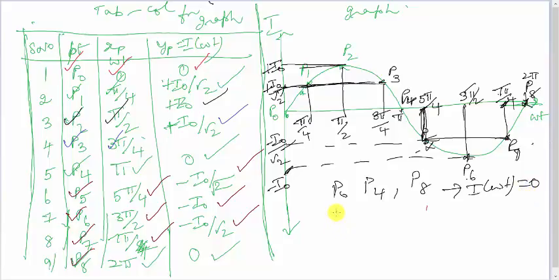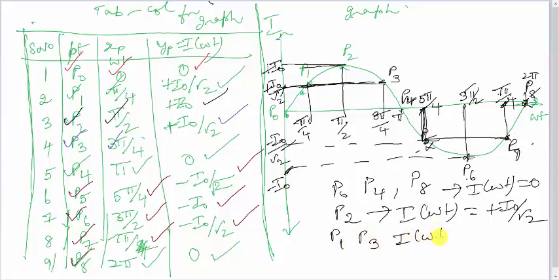The point P2 implies I at omega t equal to plus I naught by root 2. Then point P1 and P3 have I at omega t as equal to plus I naught by root 2.